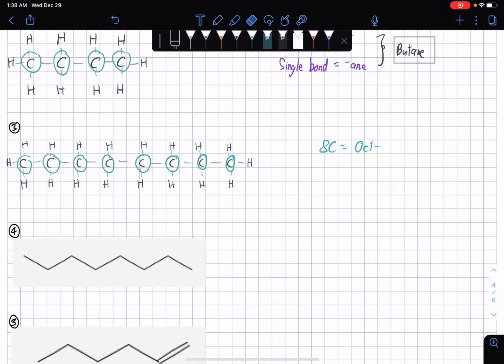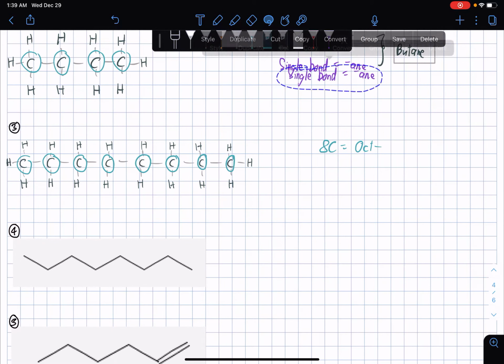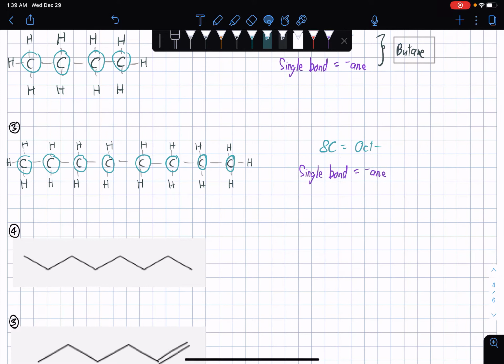So in this lesson, 8 carbons is equivalent to the prefix oct. And we know that this structure is a single bond, so A and E. We combine the two of them, and we get octane.